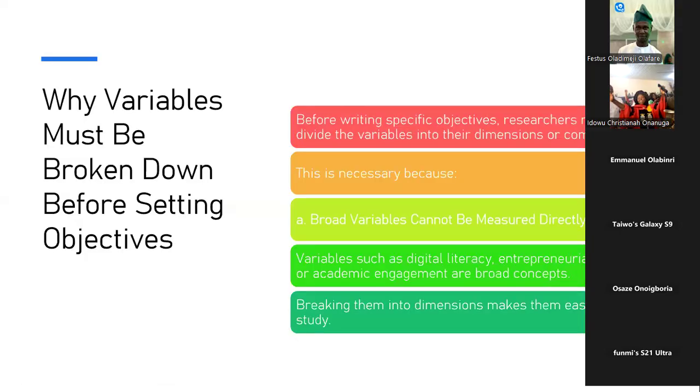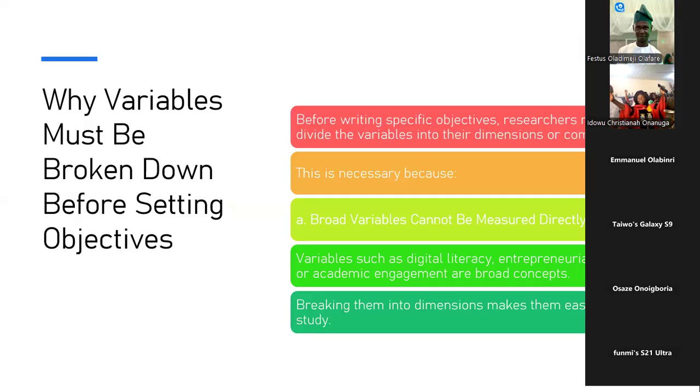So now, that being said, if you want to set objectives under correlational objectives, that is, your study is a correlational study, you must break down your variables. Number one, you must be able to identify the variables that you have in your study. Then you must break them down.